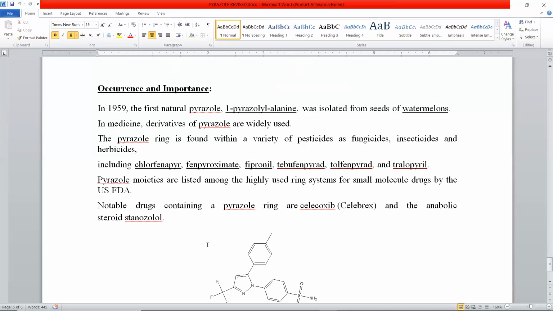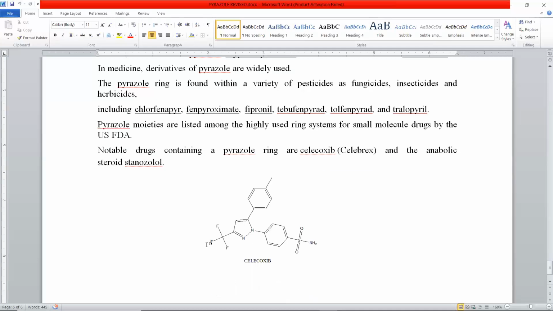So pyrazole moieties are listed among the highly used ring systems for small molecule drugs by the US FDA. Notable drugs containing pyrazole ring are celecoxib or Celebrex and the anabolic steroid stanozolol. So this is the structure of celecoxib. Here we can see the pyrazole ring system. This complex structure contains this pyrazole ring system.